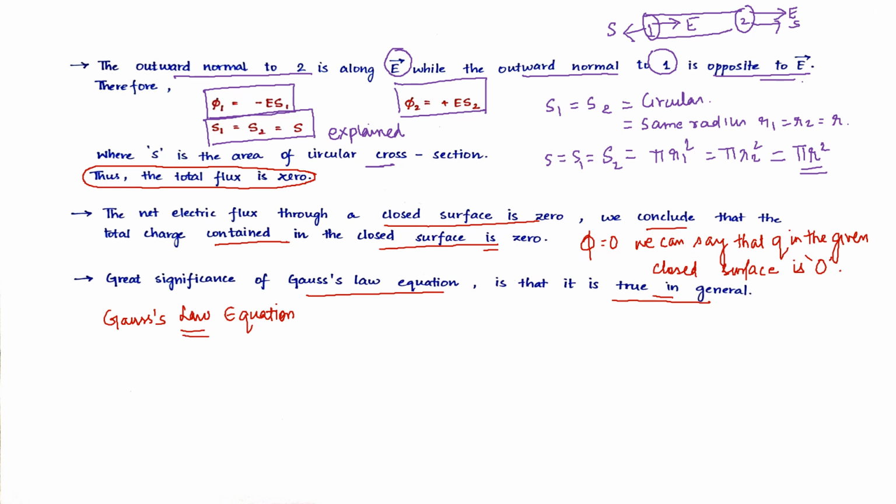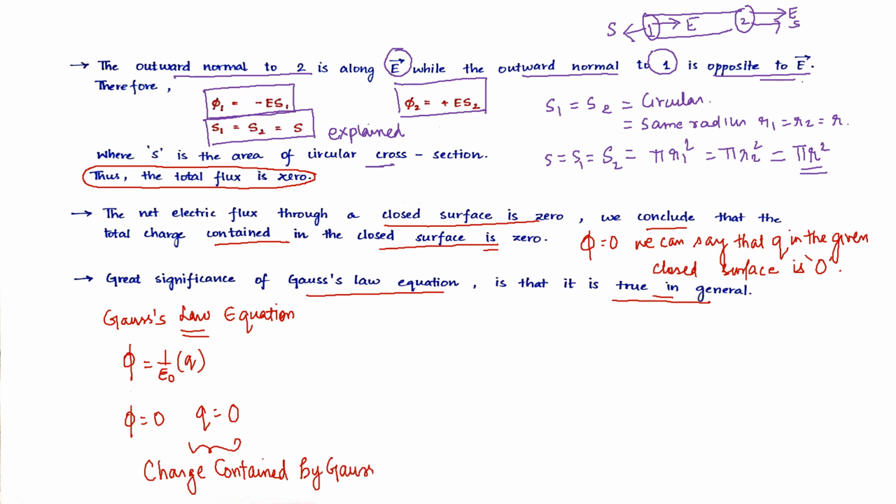As we have already seen, it is psi equals 1 by epsilon naught into Q. And if psi equals 0, flux equals 0, the charge contained by the Gaussian surface will also be 0.